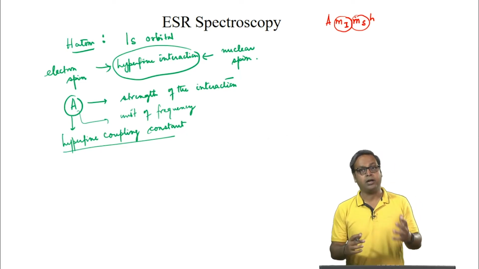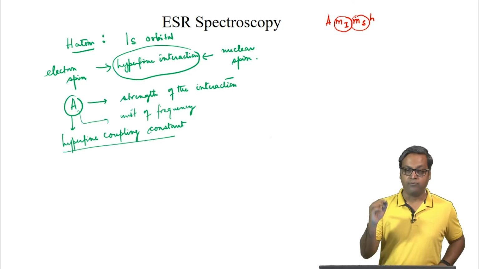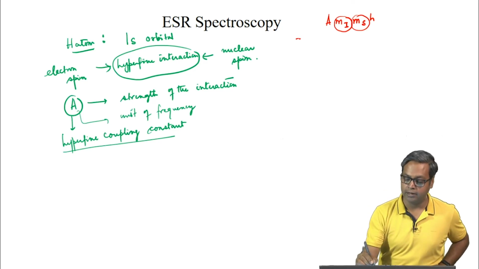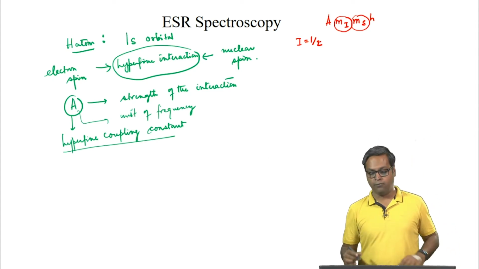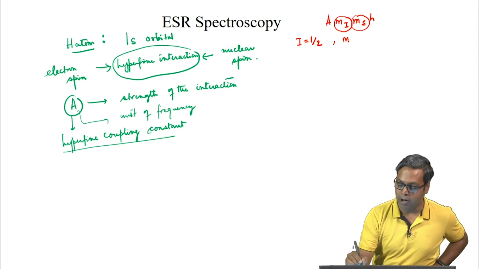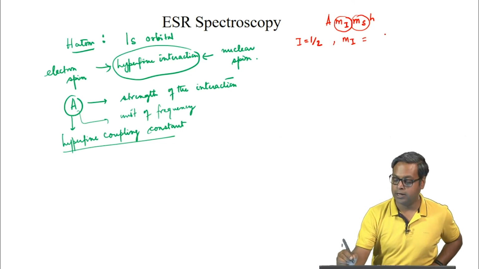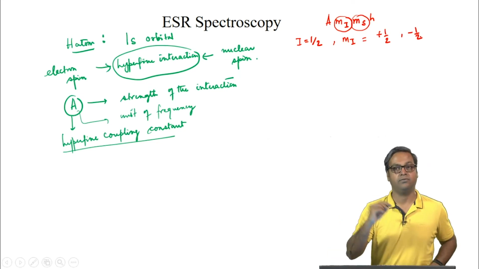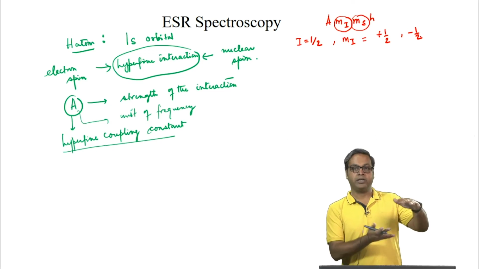For the hydrogen atom we have one proton in the nucleus, and for a proton we know that I equals half, and because I equals half, m_I can take two values. So, m_I can be plus half or minus half, and let us say the electron is in the beta state.